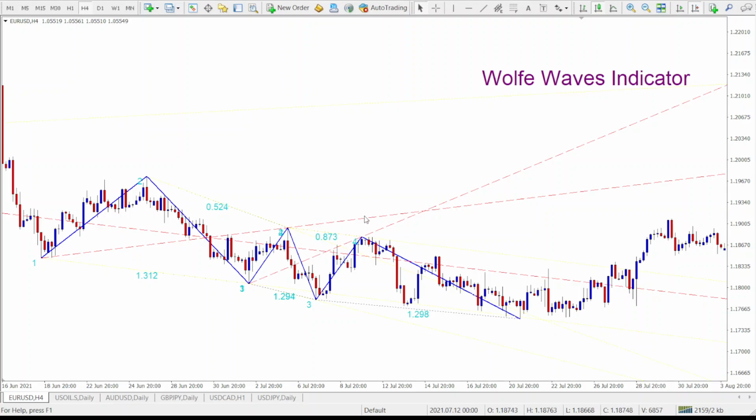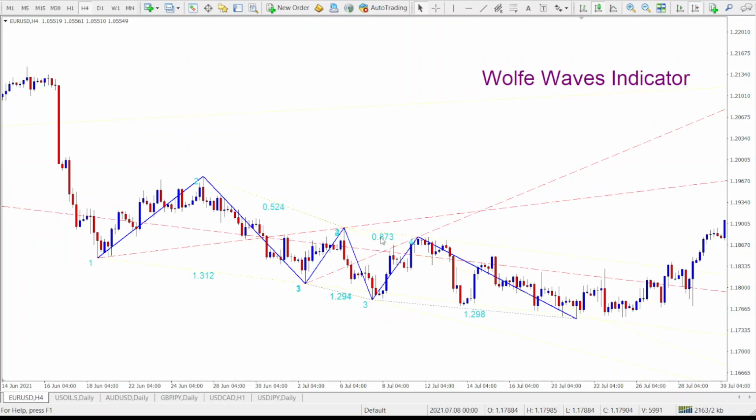Now, for a pattern to qualify as a Wolfe Wave, it must meet strict criteria. The third and the fourth waves must form within the channel established by the first two waves.